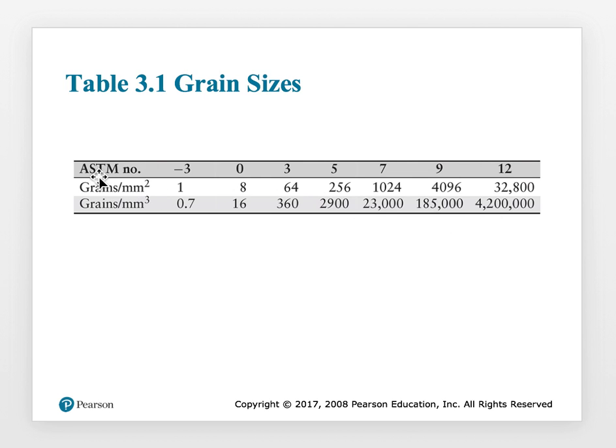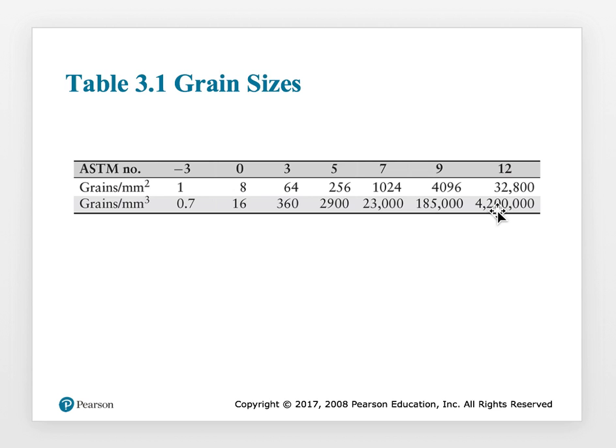So see that ASTM grain size number, if you increase it to 12, in 1 millimeter squared, there are 32,800 grains. So in 1 millimeter cubed, in one small volume, there are 4.2 million grains.